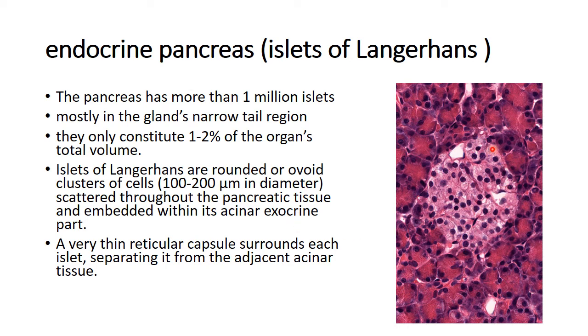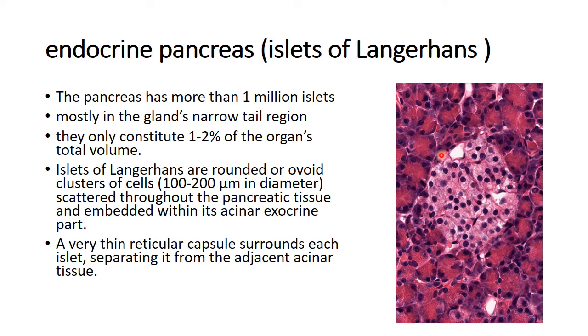The cells within the islets of Langerhans, as you can see here, are polygonal or rounded. They are smaller and more lightly stained than the surrounding acinar cells. They are arranged in cords separated by fenestrated capillaries, and this fenestrated capillary has contact with every cell within the islets of Langerhans.